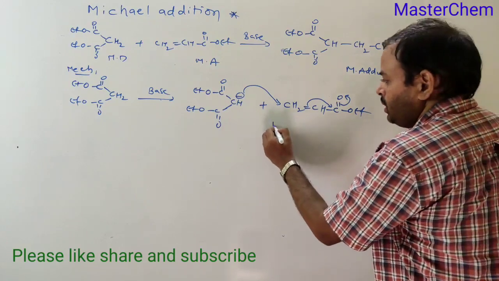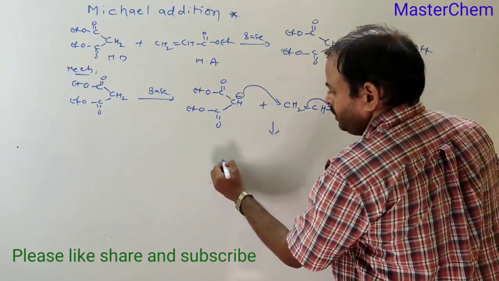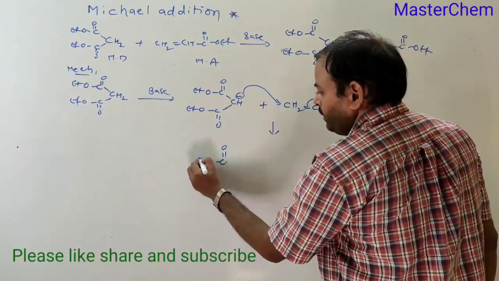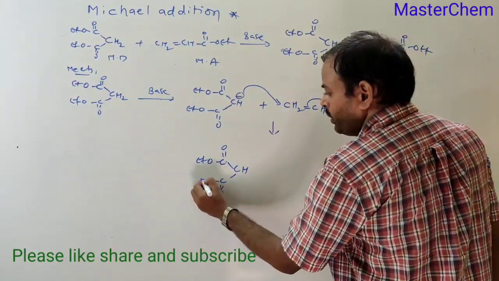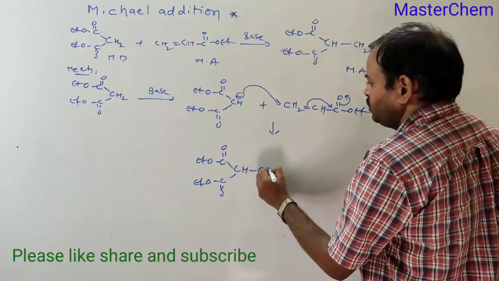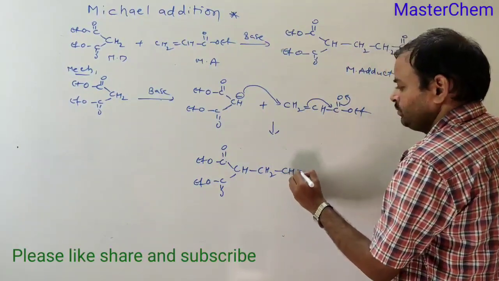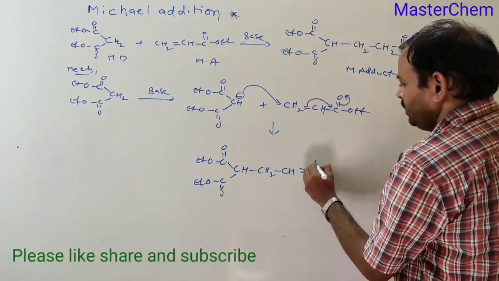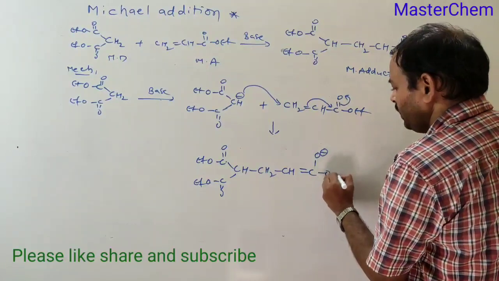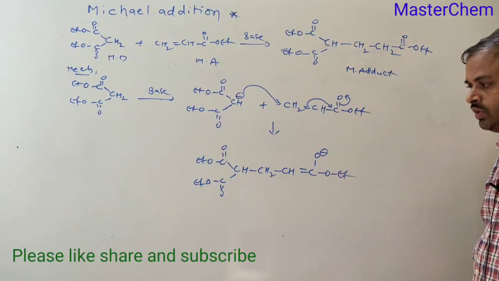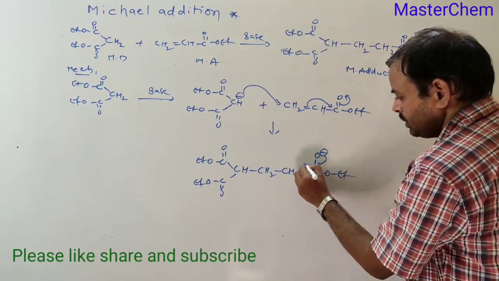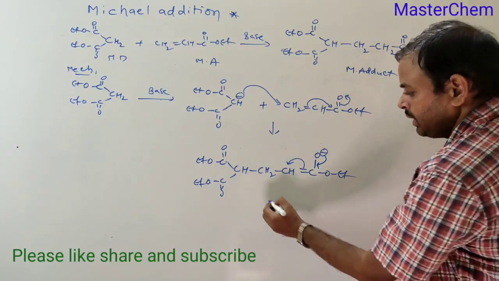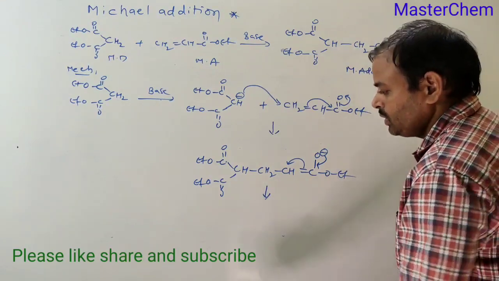So what is formed is EtO, C double bond O, CH, C double bond O, OEt, CH2, CH, double bond C, O minus, OEt. Next, to stabilize this, delocalization takes place in this manner.